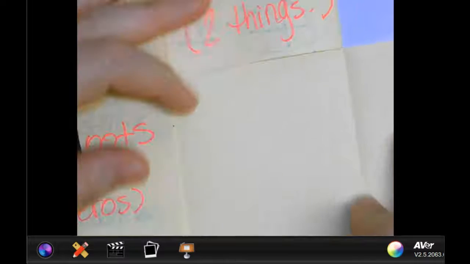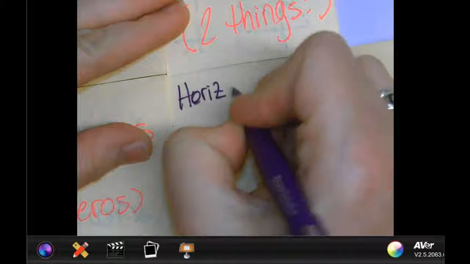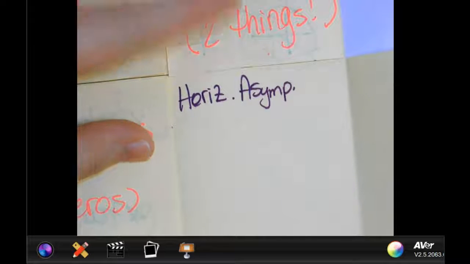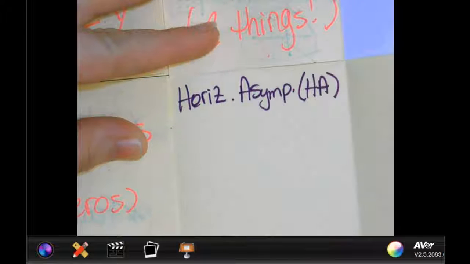All right, so on the inside here, in the little left box, we'll start with the horizontal asymptote. Okay, we're going to abbreviate a little bit. Those are long words. Or your HA.